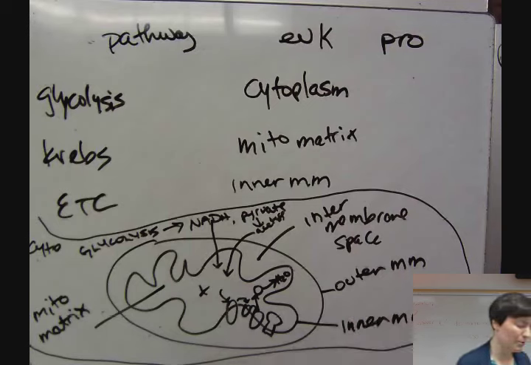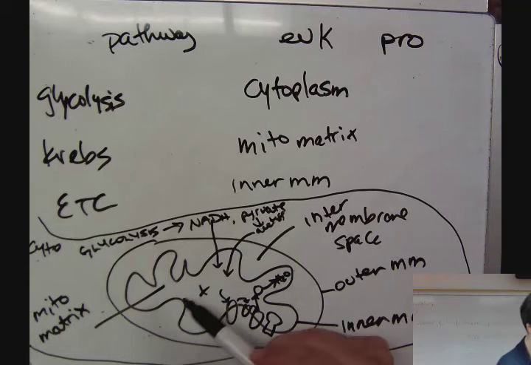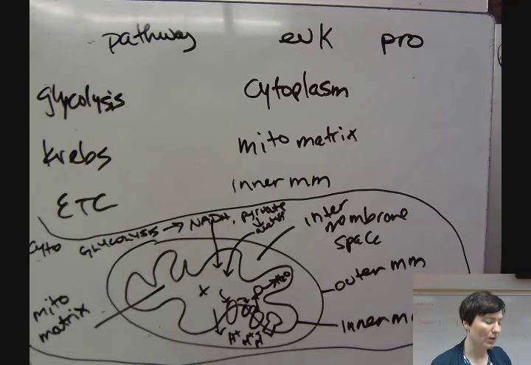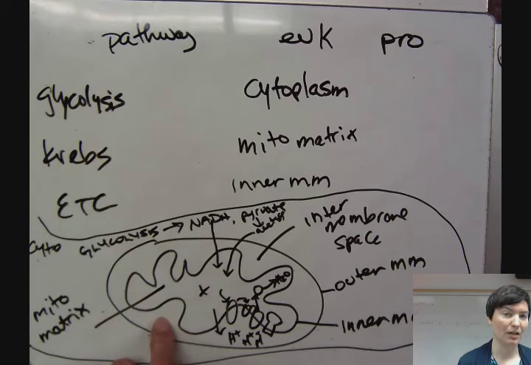Now, where are the protons going? We're pumping protons every time we transfer an electron, so where is that happening? Which direction? From what compartment to where? From the matrix into the intermembrane space. So from here, which is where all the stuff is happening, into this space. Now, that means there's a lot of hydrogen ions accumulating. So what does that mean about the pH of this region?